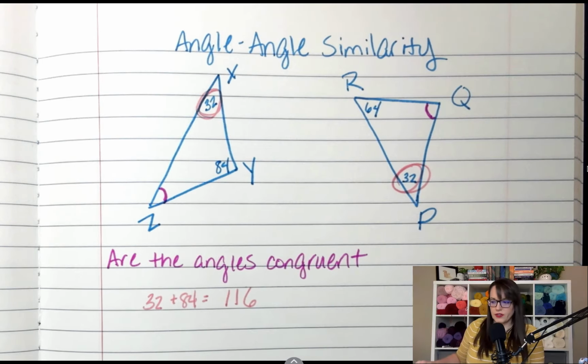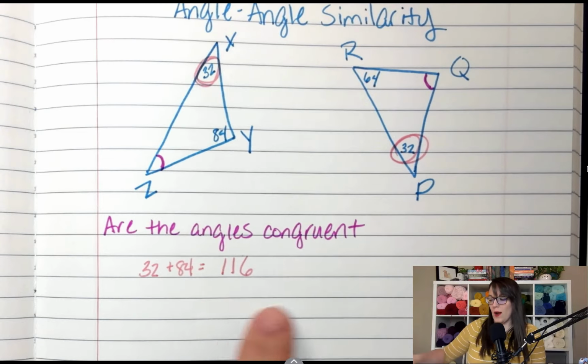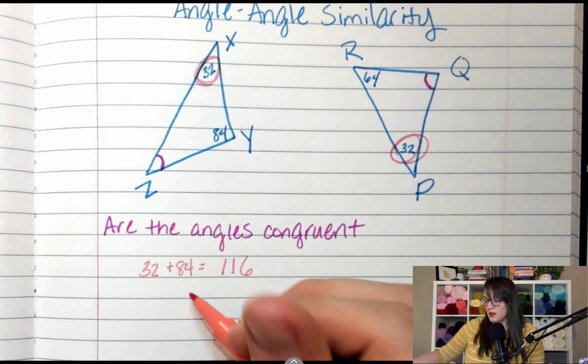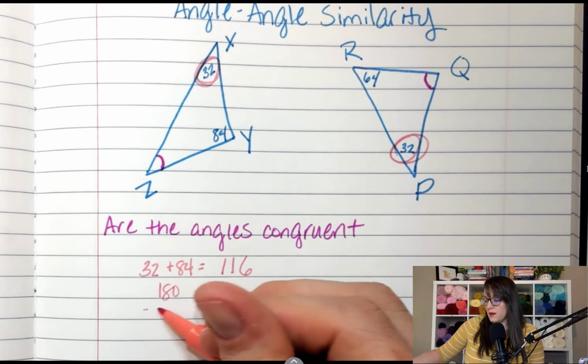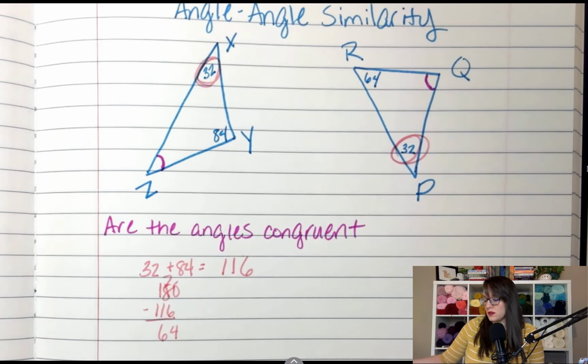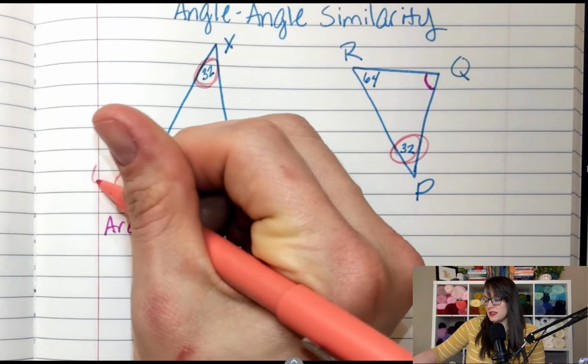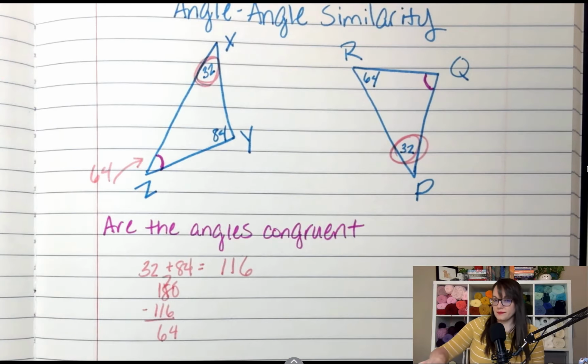And then how many degrees are in a triangle? 180. So how much more do I need here? So I'll do 180 minus 116. So 64. So this missing angle here, angle Z, is 64 degrees.